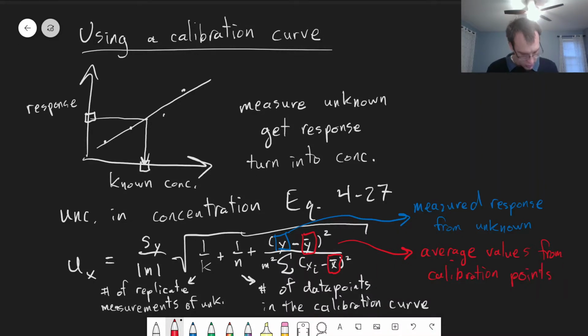So if you take each of those 4 data points that you have, average the x value, that would be x bar. If you take the average y value, that'd be y bar. And that's what goes into this calculation.